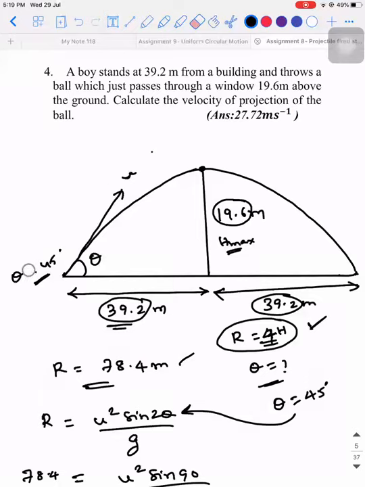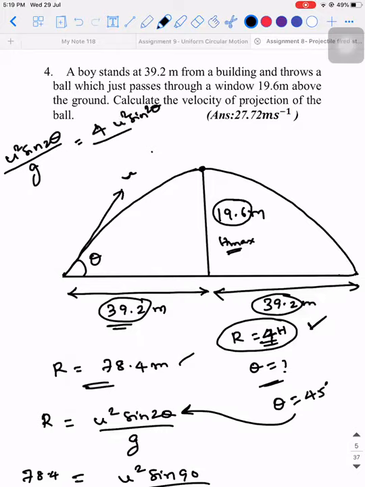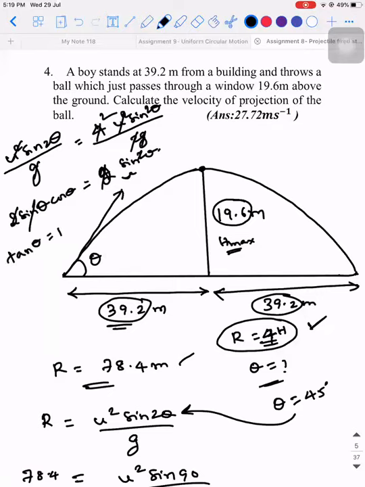R is equal to 4h means u square sine 2 theta divided by g is equal to 4 into h, which is u square sine square theta divided by 2g. So u square and u square, g and g are gone. 2 sine theta cos theta is equal to 2 sine square theta. So sine and sine will get cancelled, 2 and 2 will get cancelled. Now tan theta will be equal to 1, theta will be equal to 45 degrees.